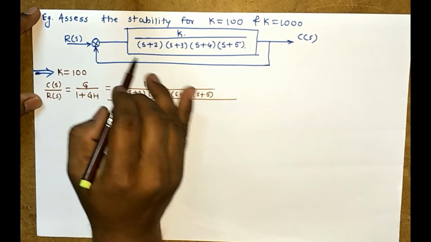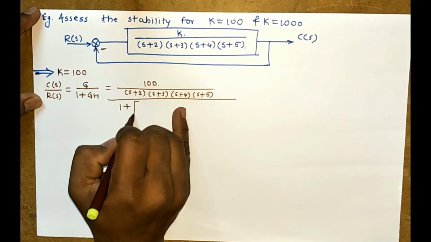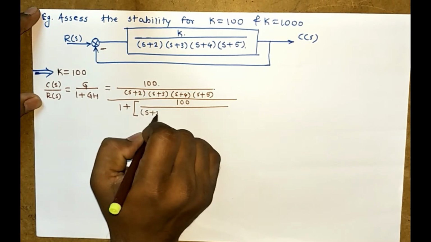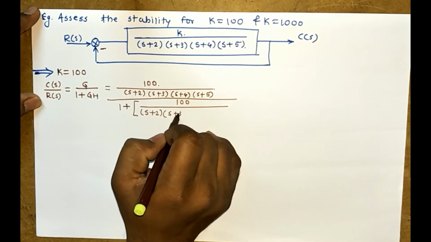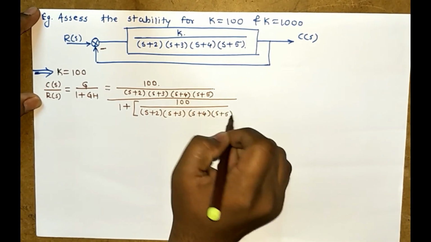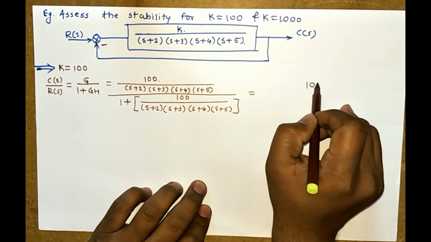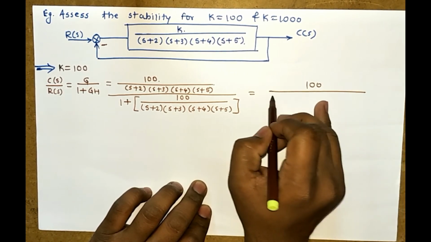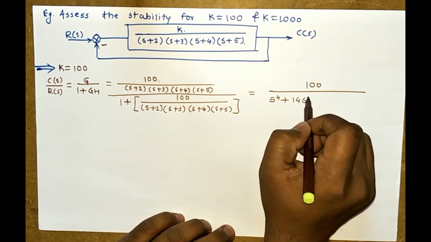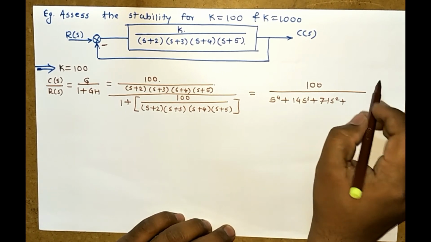Feedback loop is negative. If you solve this, you get the final answer 100 upon s to the power 4 plus 14s cube plus 71s square plus 154s plus 220.